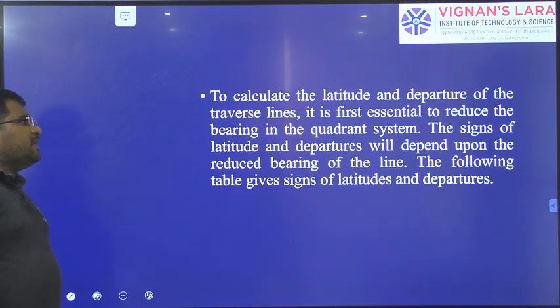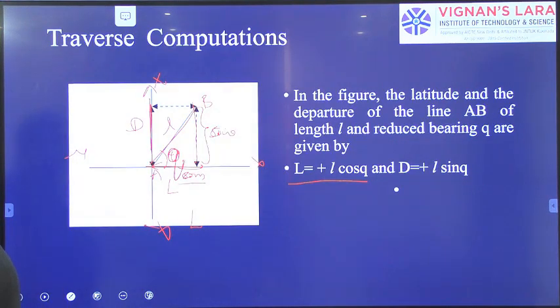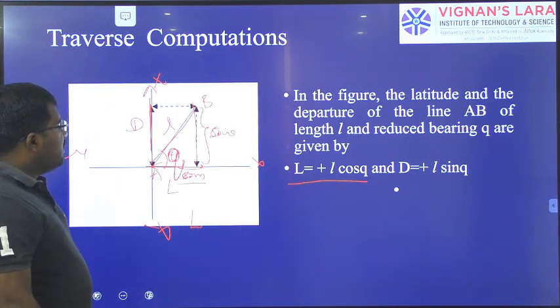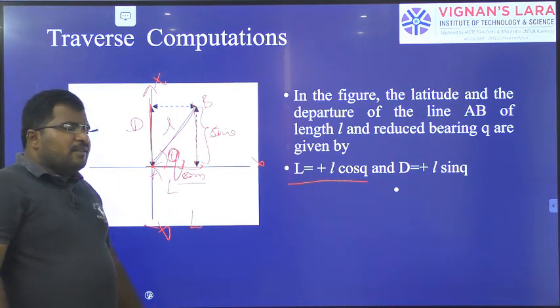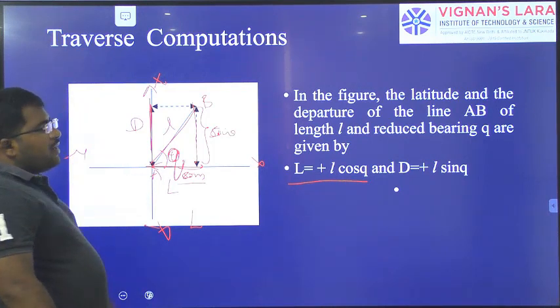So to calculate the latitude and departure of the traverse lines, it is first essential to reduce the bearings into the quadrant system. Here it is one type of angle calculation. If you want to find the theta value and check the accuracy of traversing, you need to do these computations.